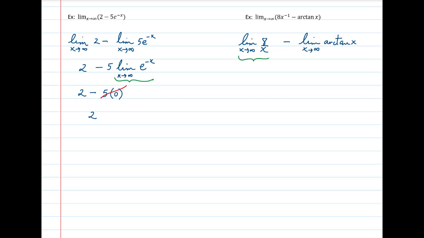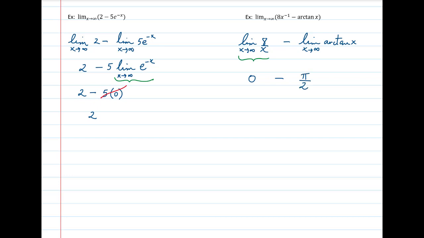For instance here, the limit of 8 times x to the negative 1 as x goes to infinity is the same thing as the limit of 8 over x, and thus just 0 from the theorem above. As x gets larger and larger, since you have a constant on top, this whole expression 8 over x just goes to 0.